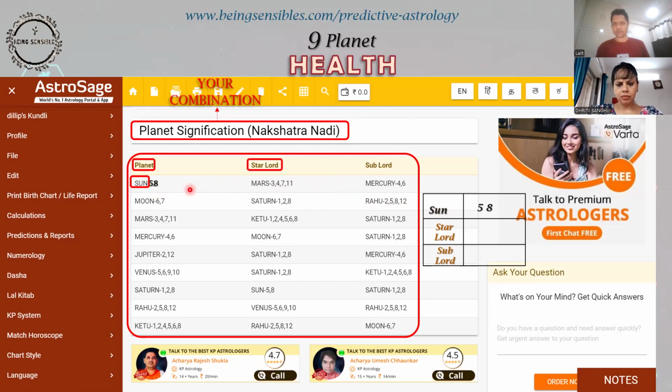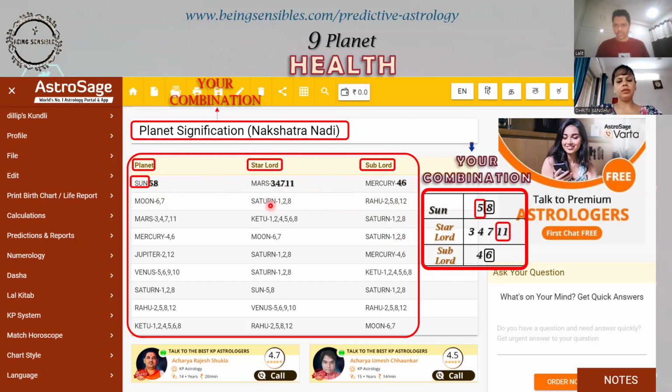The Star Lord of the sun is Mars, which we don't write as Mars but as its combinations. The Sub Lord of the sun is Mercury, which is 4-6. In this way you get an idea of how many 5-11 and how many 6-8 combinations there are. So in this way you get an idea of all nine planets' combinations.